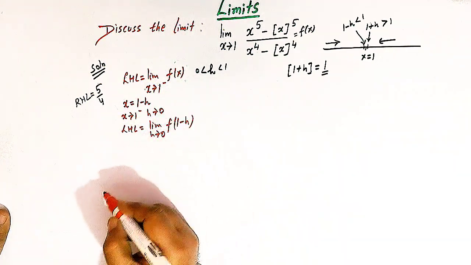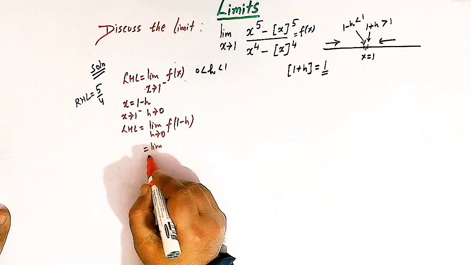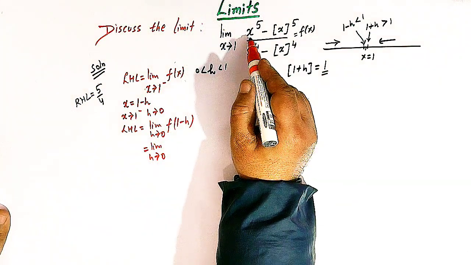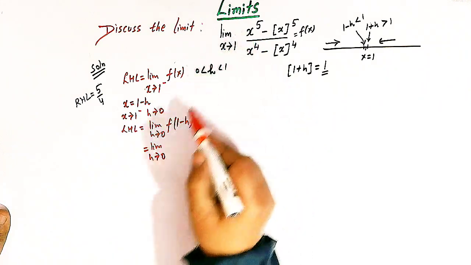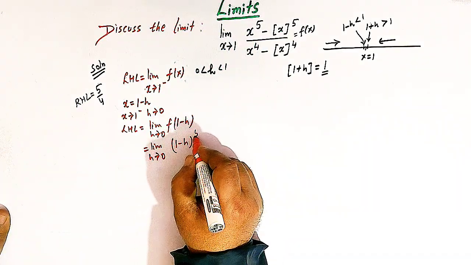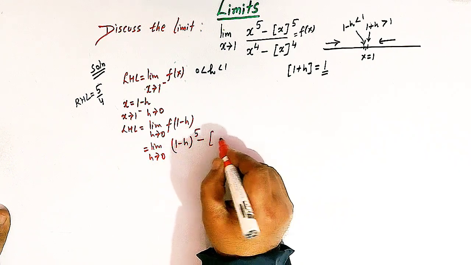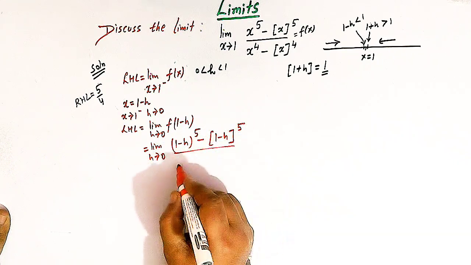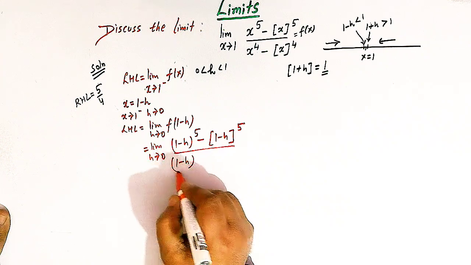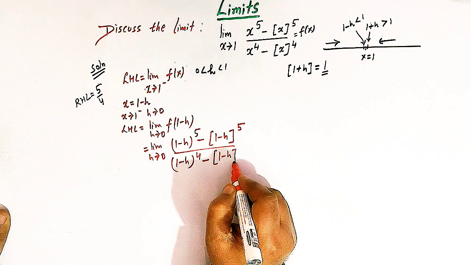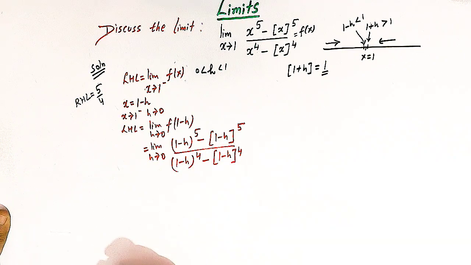1 minus h, right? So now the value of f of 1 minus h can be obtained by replacing x by 1 minus h. So we have (1 minus h) raised to 5 minus the greatest integer of (1 minus h) raised to 5, and then we have (1 minus h) raised to 4 minus the greatest integer of (1 minus h) raised to 4, right?